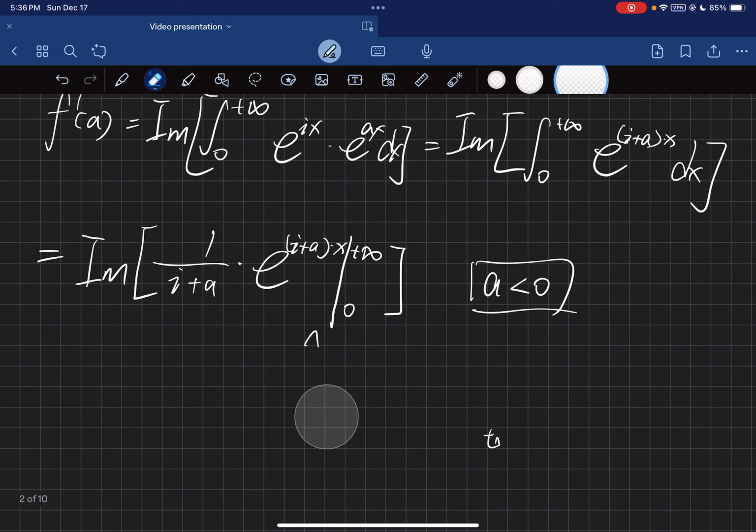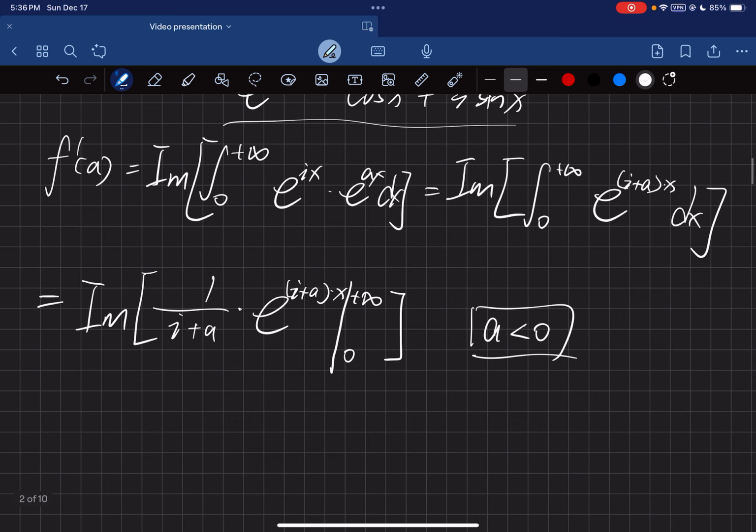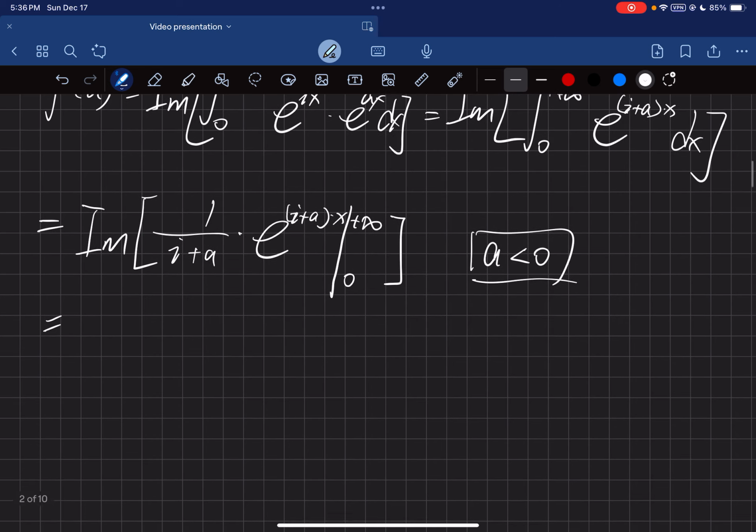And we know the parameter a is negative.